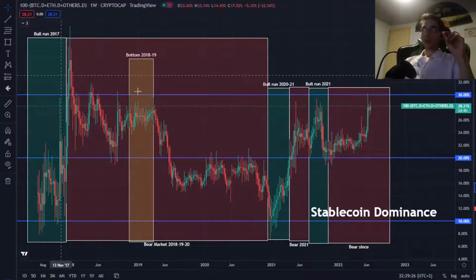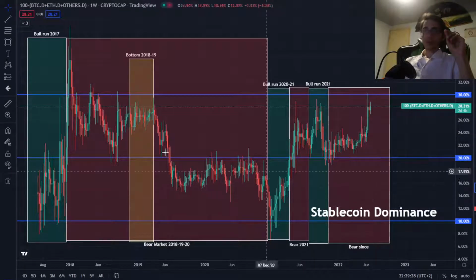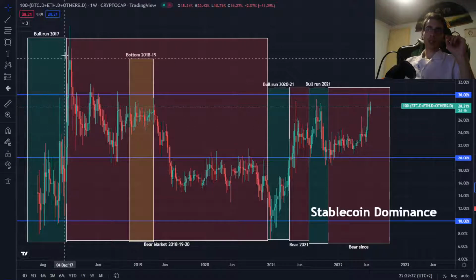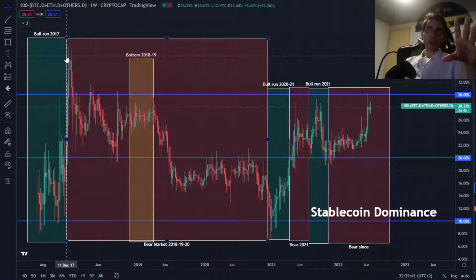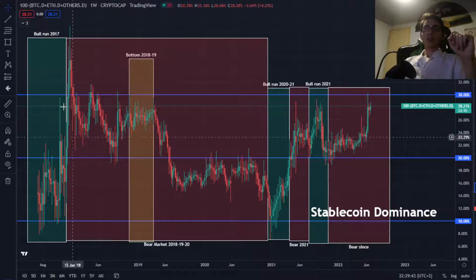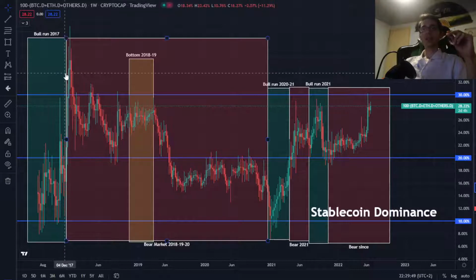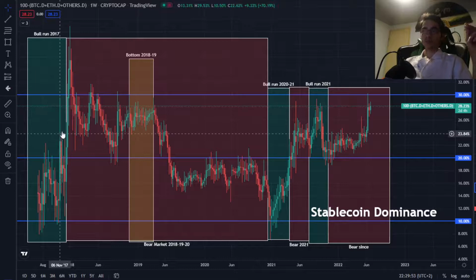We are in the bull run of 2017 in the stablecoin dominance, and you see that meanwhile the price was rising and we were approaching the top, right here in November and December 2017. We are watching the weekly chart. The stablecoin dominance, or the USD-denominated assets, so not the BTC, ETH, and altcoins, were rising.